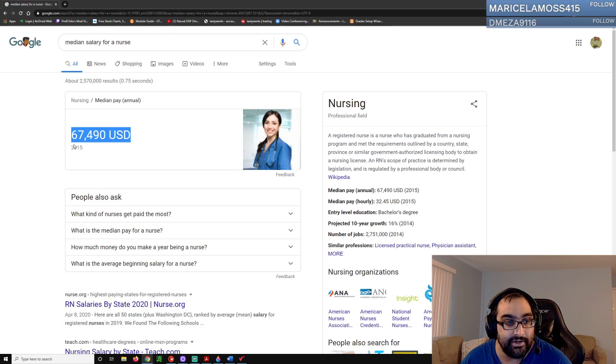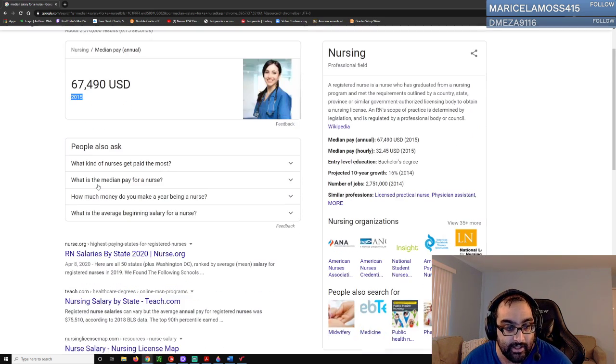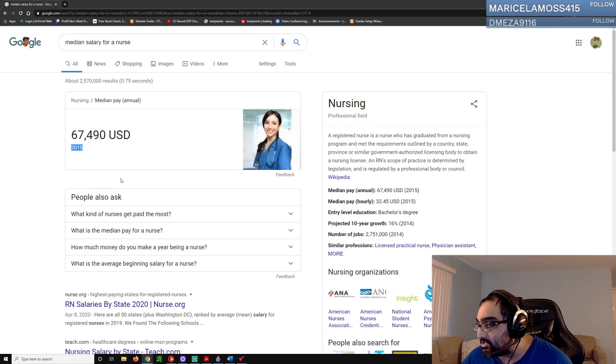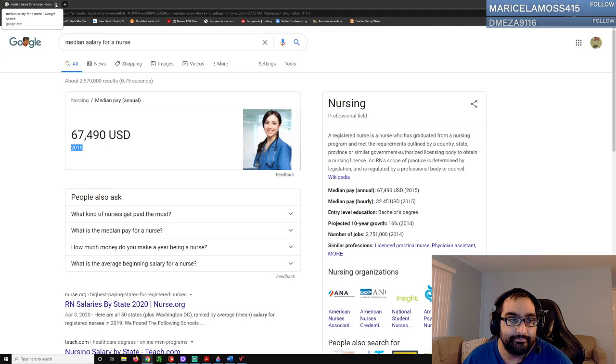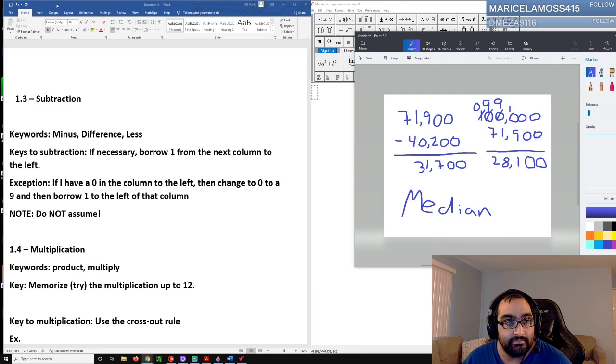This is from 2015, so this is quite a while ago. But again, this can vary state to state or whatever the case may be. But again, it's much more realistic than the average salary, which is maybe not as realistic as you think it is. So I just want to show that off here as why numbers can be a little deceiving in that regard, and what you should take on there.